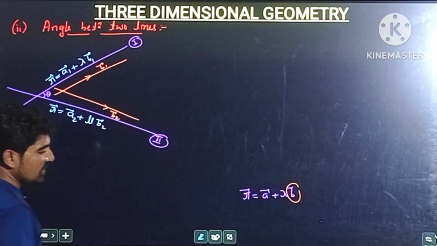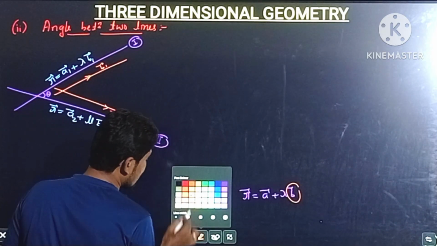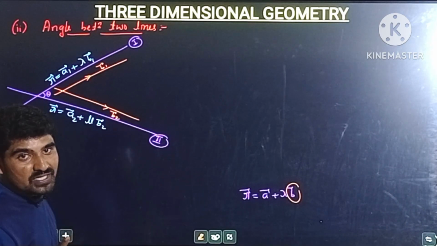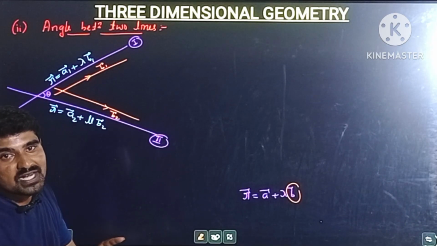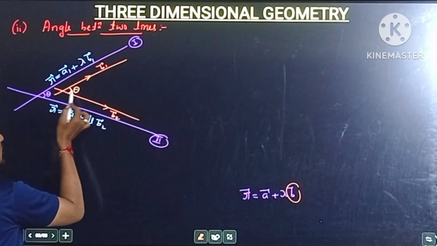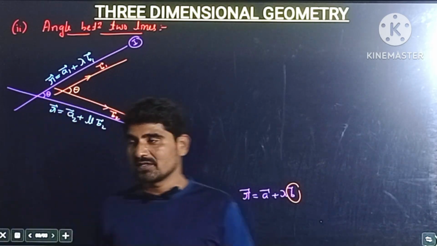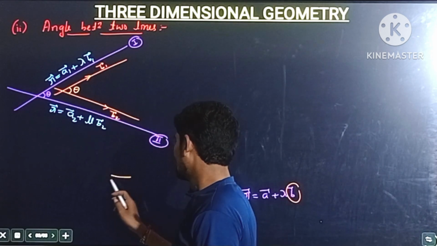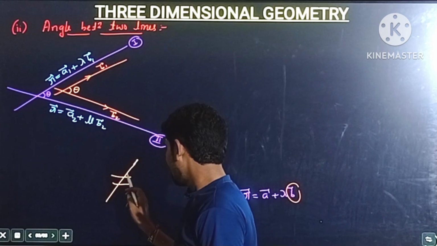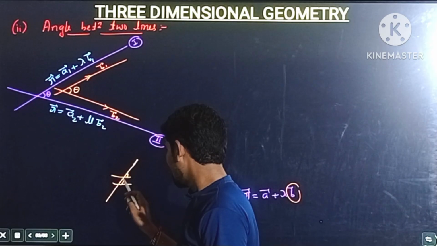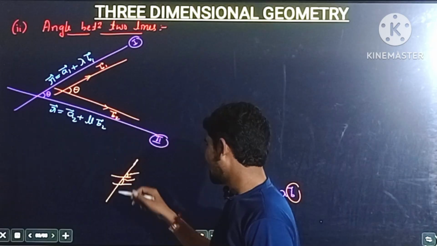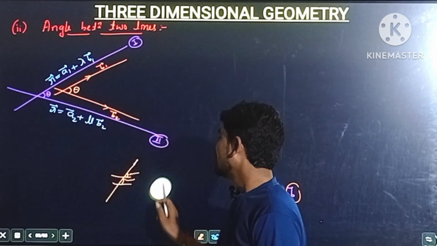Now we need to identify the angle between these two lines. So the angle between these two lines is theta. It means from the corresponding angles, the angle between the two vectors is also equal to theta. Corresponding angles means if any two parallel lines are intersected by another line, the angles made at these two positions are known as corresponding angles, and both are equal to each other.